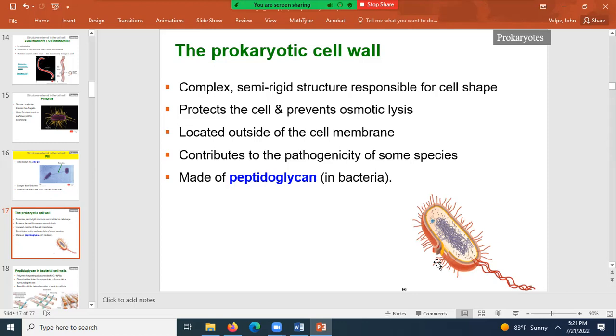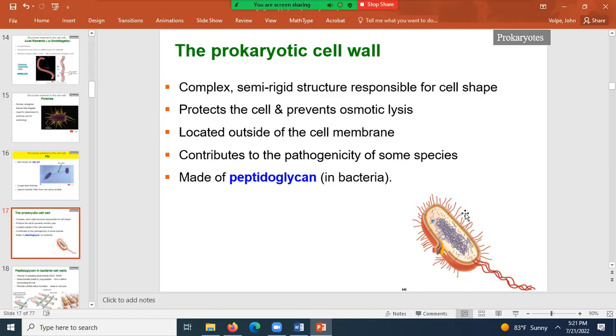Note that the cell wall is located outside of the cell membrane, and it is considered a part of the cell, even though it is outside the cell membrane. And the cell membrane, you might recall, is the portion of the cell that determines what gets into the cell and what moves out of the cell, meaning it's the gateway.